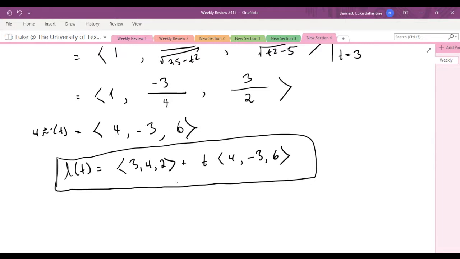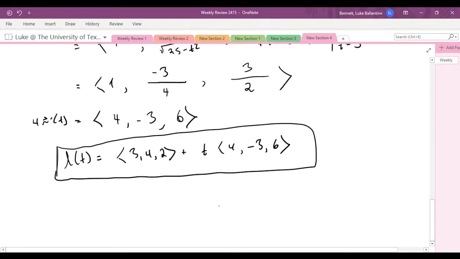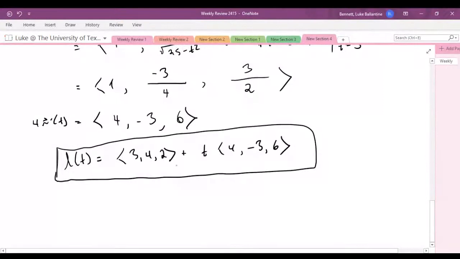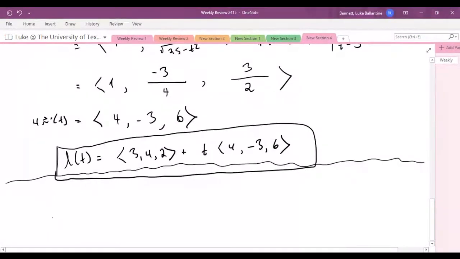This next problem, there's really nothing to it. It's just a little bit of a Calc 2 review.